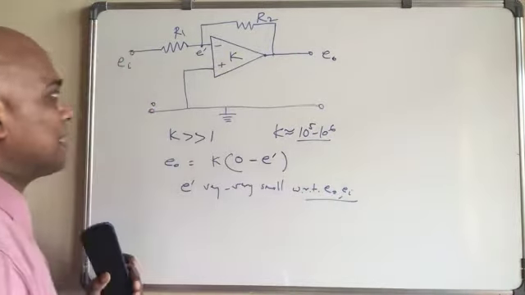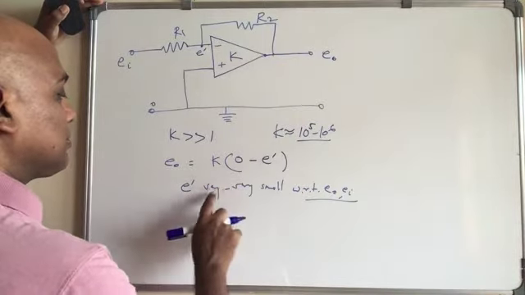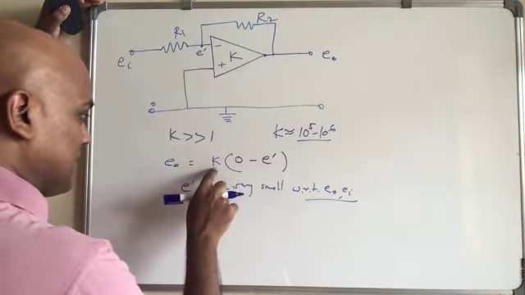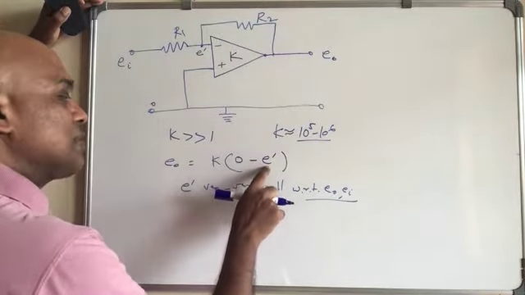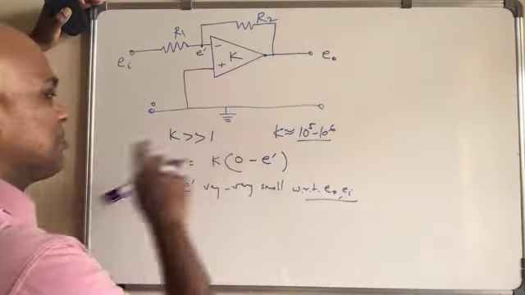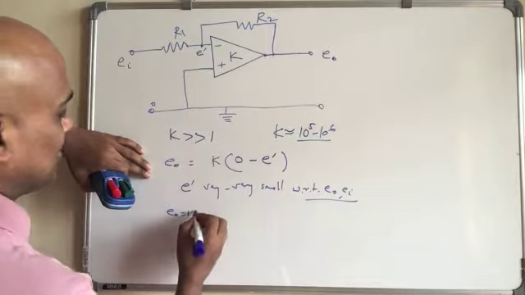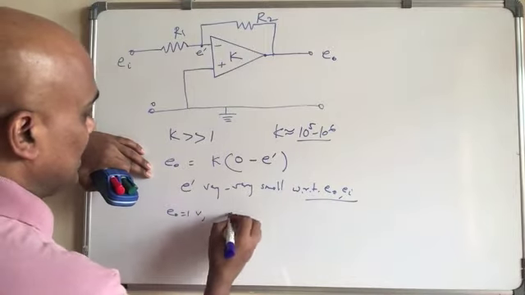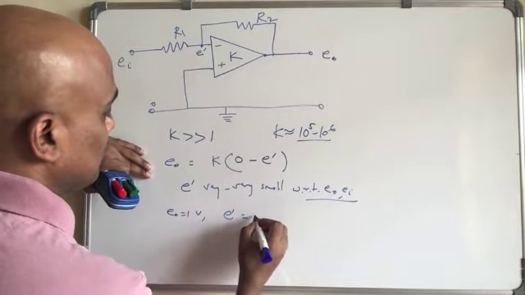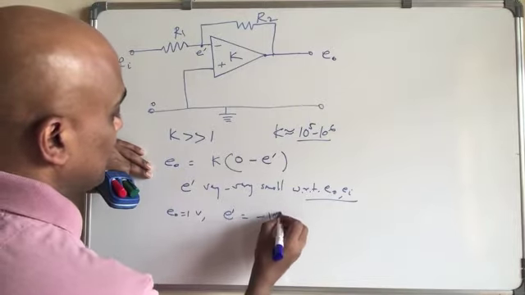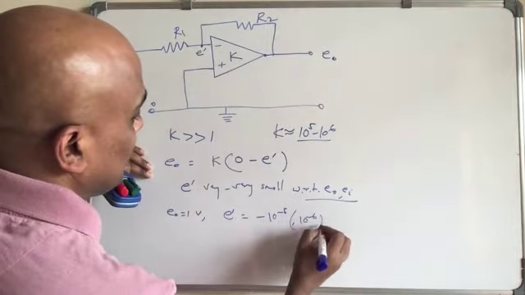So here, since K is very big, E dash has to be very small. So for example, if E naught is equal to 1 unit, let us say volt, then E dash will be equal to say minus 10 to the power minus 5 or 10 to the power minus 6 volt.